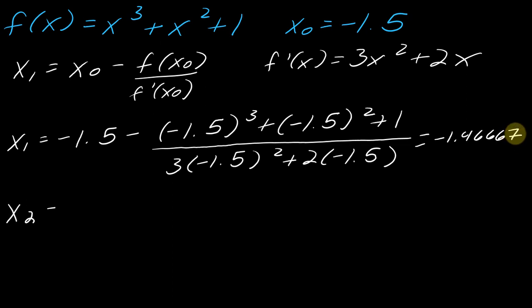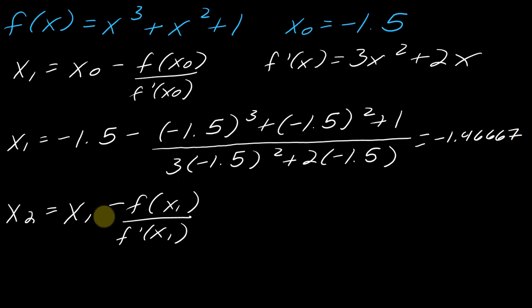To get to x sub 2, just to be clear, I'm going to use the guess from x1, and then I'm going to subtract off f of x sub 1 over f prime of x sub 1. Now, wherever I see an x sub 1, I'm going to replace it with this negative 1.46667.